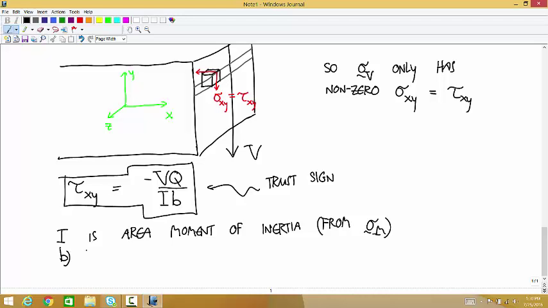And B is the width of the base where you're calculating that shear stress. Yes, that is the width along the z-axis. That's right.